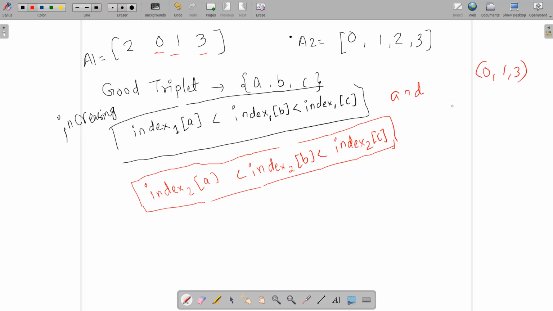For the A1 array, the indexes are, you can see, 1, 2 and 3. Right, and for the A2 array, indexes are 0, 1 and 3. You can see they both are in increasing order.